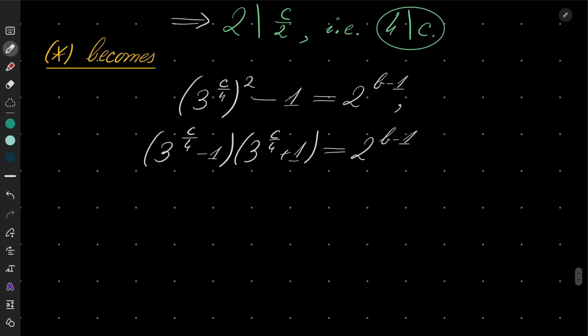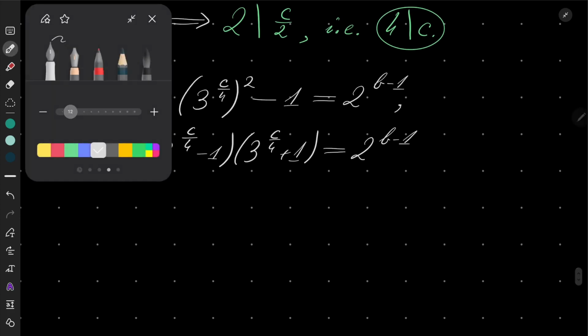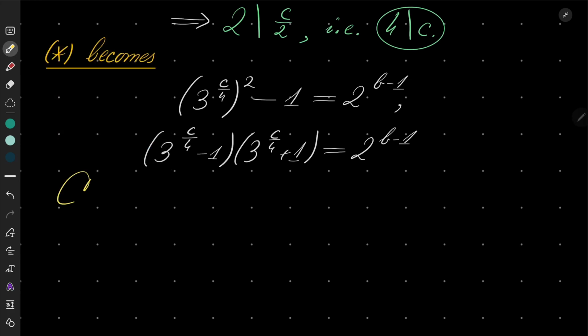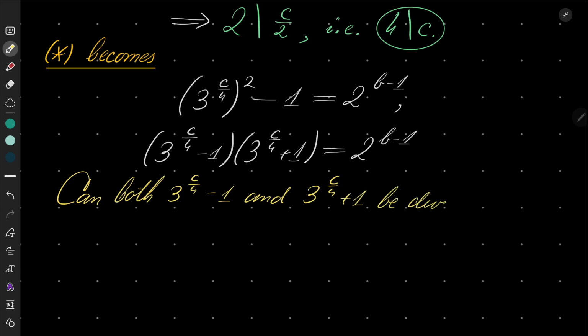Question is, can both of the parentheses be divisible by 4? So can both 3 to the power c over 4 minus 1 and 3 to the power c over 4 plus 1 be divisible by 4 at the same time?